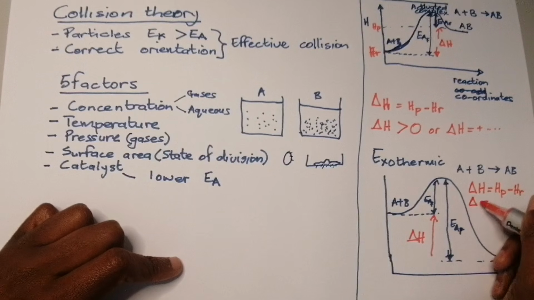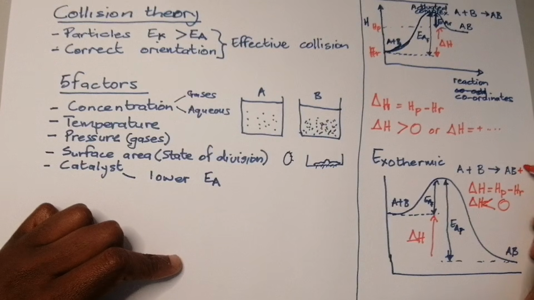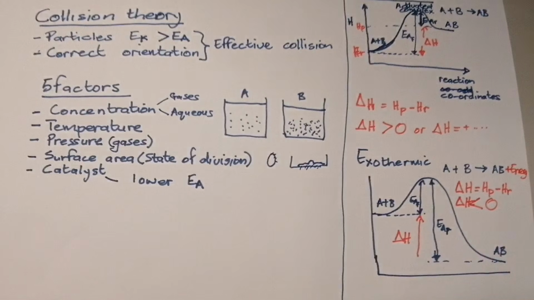So yes, that sets us up to get a negative result. So that is why we'll get delta H less than 0. So it means that in this reaction, energy is released.